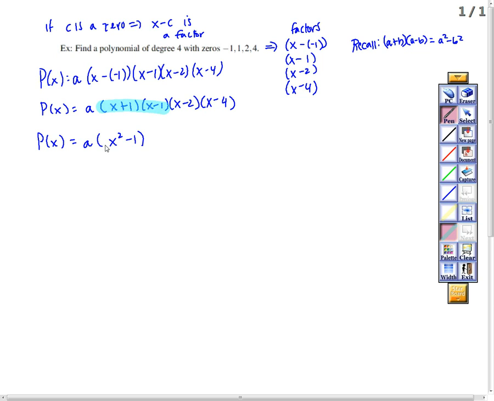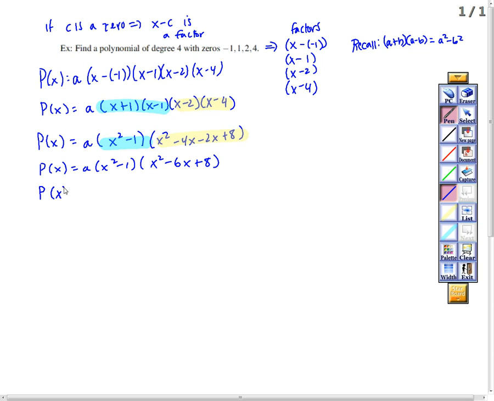So this gave me this. I'm going to FOIL these so I get x squared minus 4x minus 2x plus 8, is this piece. So I get p of x equals a times x squared minus 1 times x squared minus 6x plus 8.